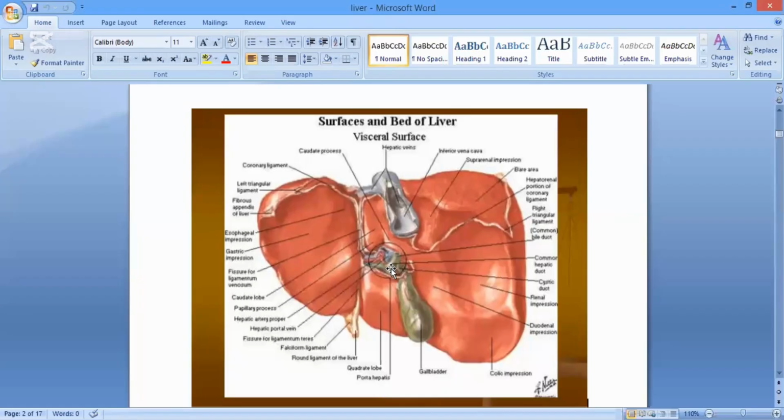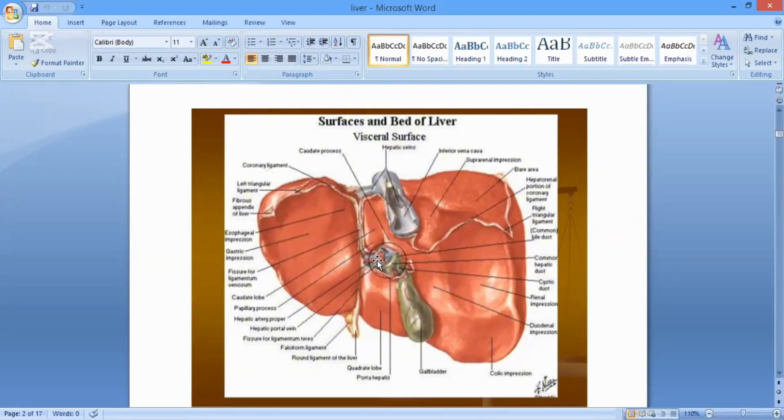It also contains the structures that enter the liver or come out of it. Which structures are entering? Of course, the hepatic artery, which divides into the right and left hepatic arteries. Okay? Then the portal vein enters, again dividing into two branches.